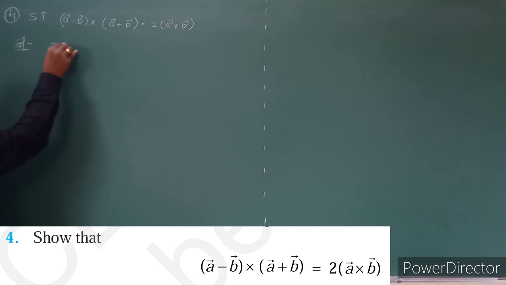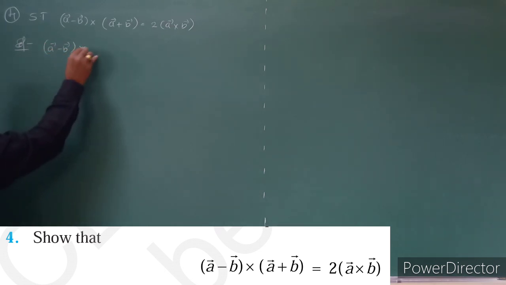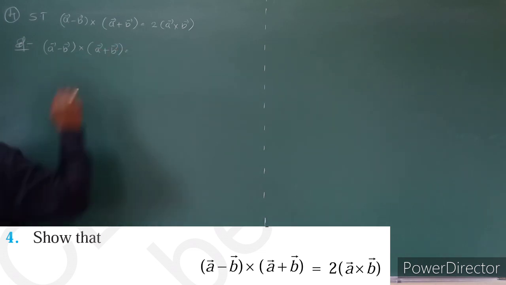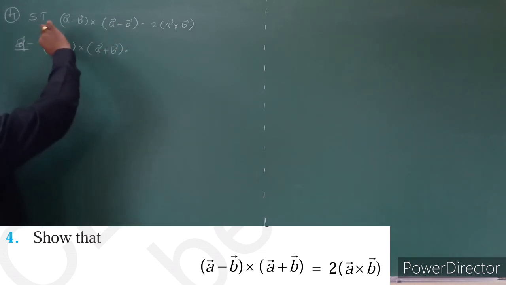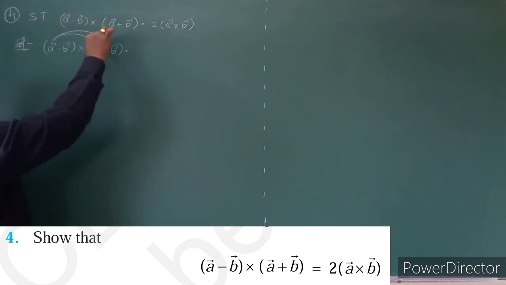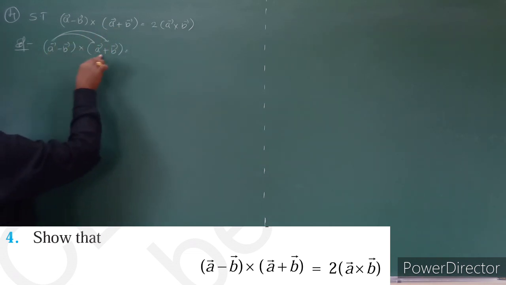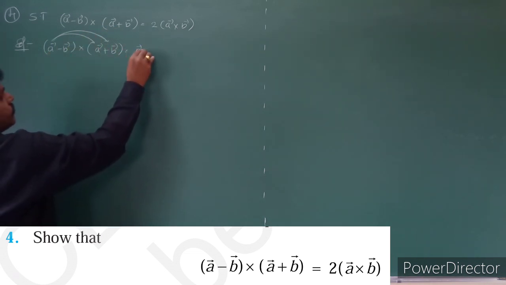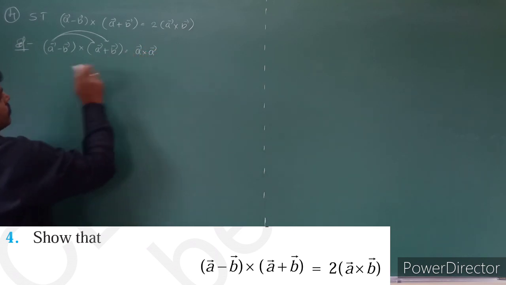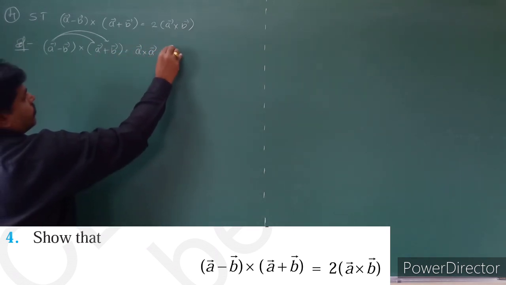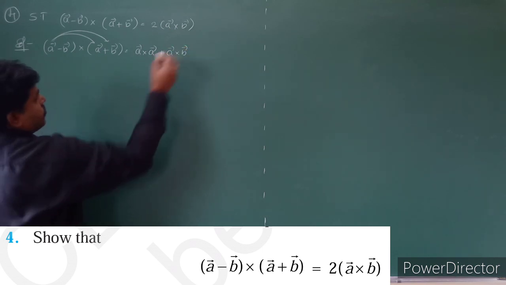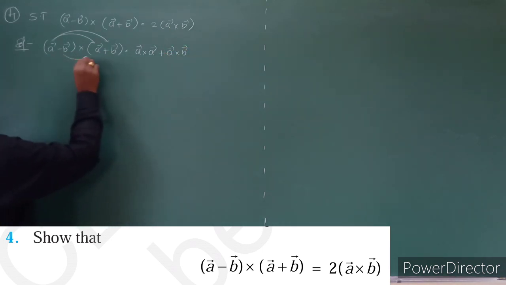(a bar minus b bar) cross (a bar plus b bar) is equal to, first apply the distributive law, what happens? So a bar cross a bar, plus a bar cross b bar, which multiply with the minus b bar. So what happens?